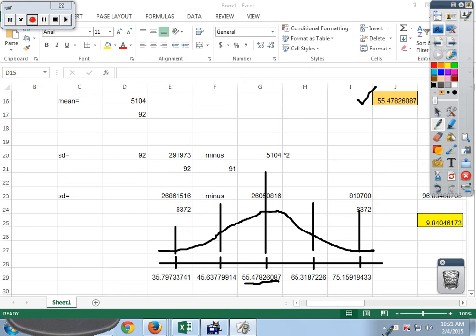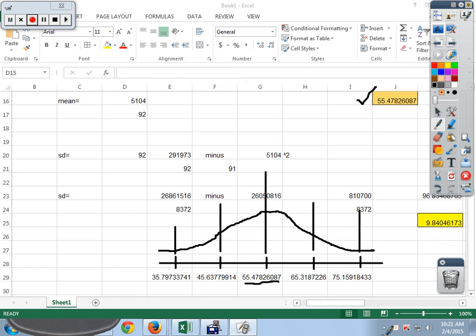Besides the 55 that's in color, what's the only other number in color? 9.8. Those are the only two numbers that register in your brain. The mean and the what? Standard deviation. Why do you think we're spending all this time finding the standard deviation? Just so we can have it? No. We're finding it because we're going to use it.